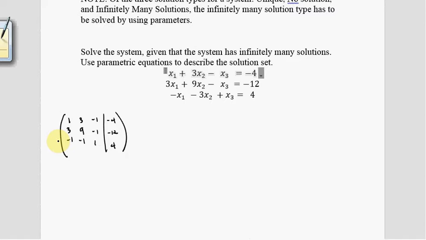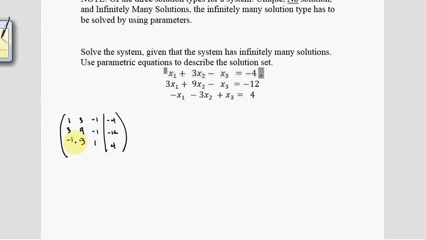So what I'm going to do here is, where I have this 1, I'm going to get a 0 here where that 3 is, and then use that 1 there to get a 0 here down below. That's a 3, I think. Yes, negative 3.